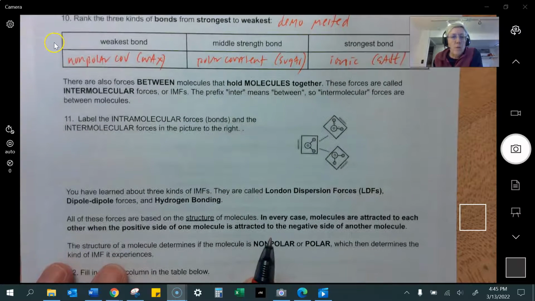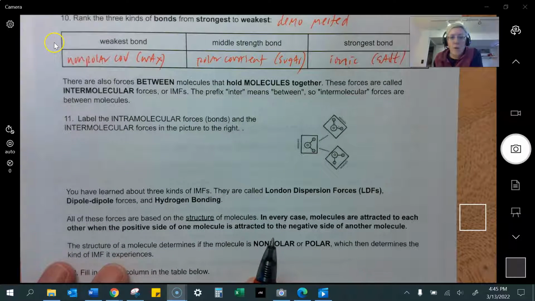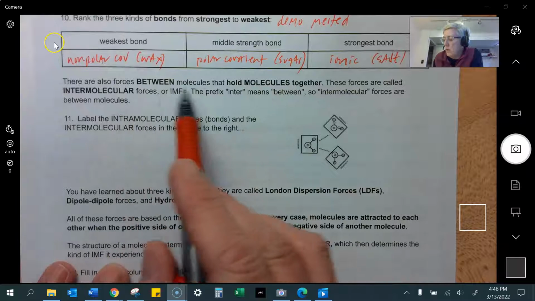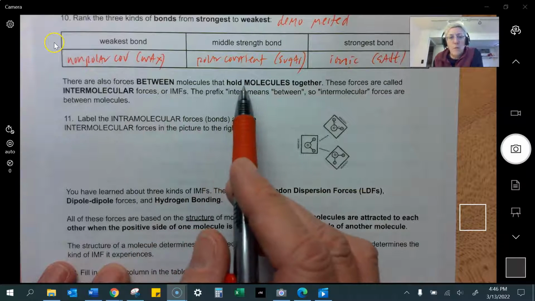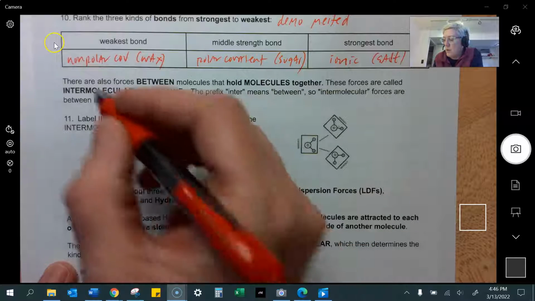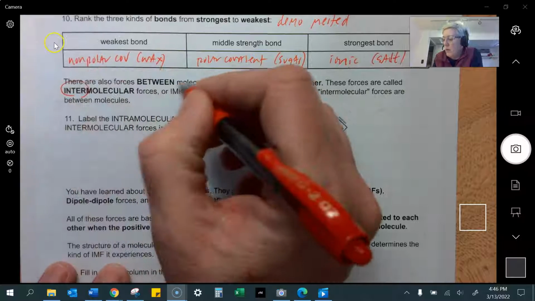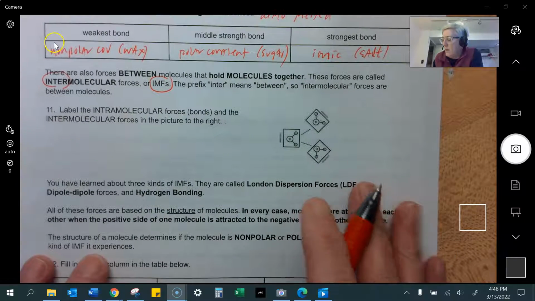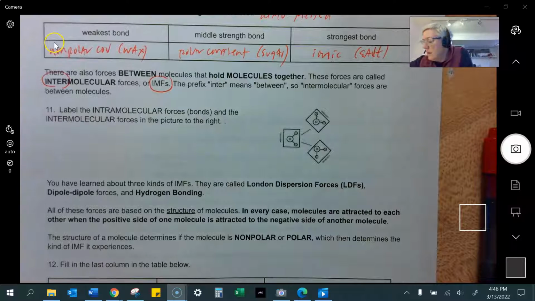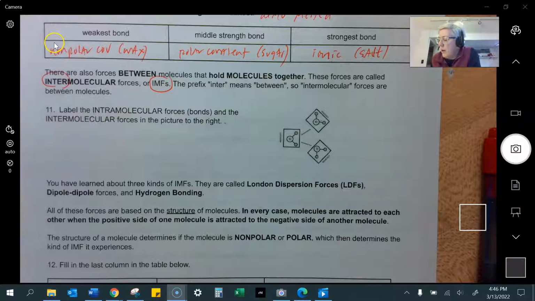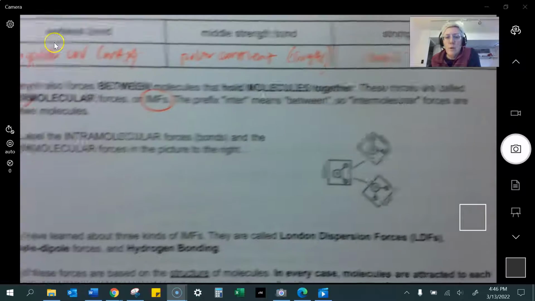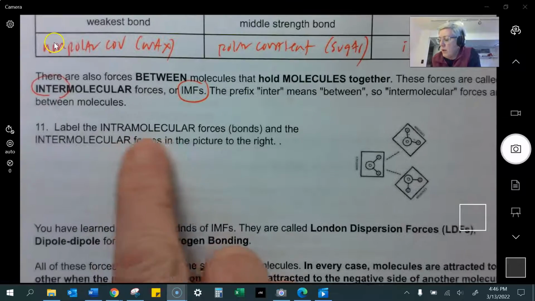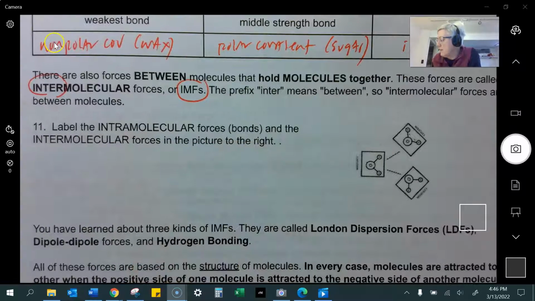All right, so let's talk about these intermolecular forces. They are forces between molecules that hold molecules together. Inter means between. We always abbreviate this as IMF. On this picture right here, it says label the intramolecular forces and the intermolecular forces. Well, the intramolecular forces are the bonds.